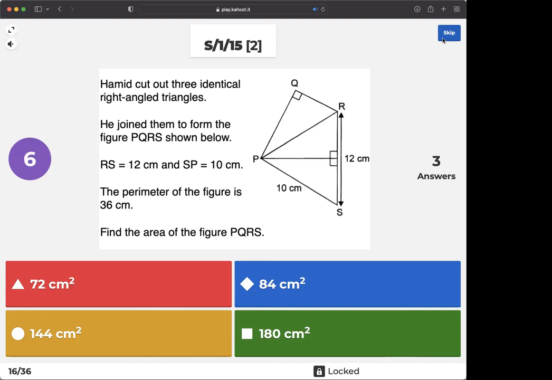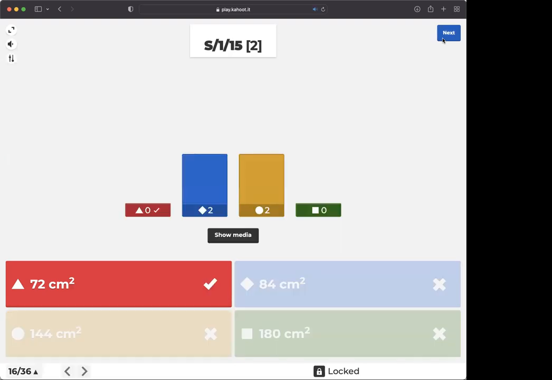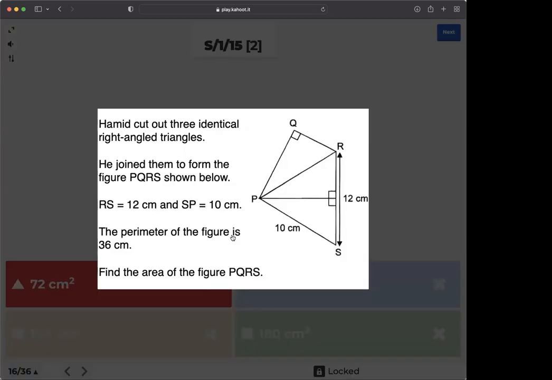5 more seconds. How many of you did not manage to finish in time or got locked out? Okay, let me go through this question with you. You know that the perimeter is 36.